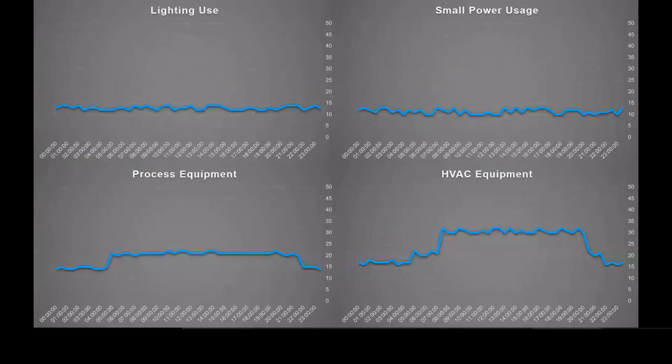When we split out that data into its own individual profiles, there's a few things that strike out. The lighting, it looks to me like it never goes off. It's uniform, it's constant, it's almost like it's 24/7. The same can be said for power.